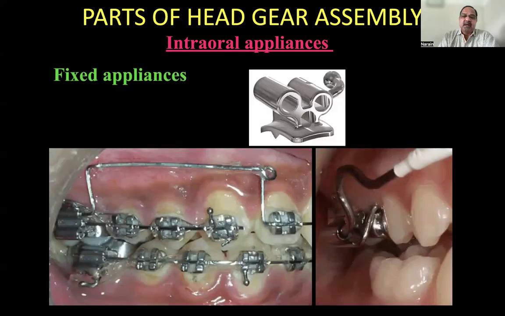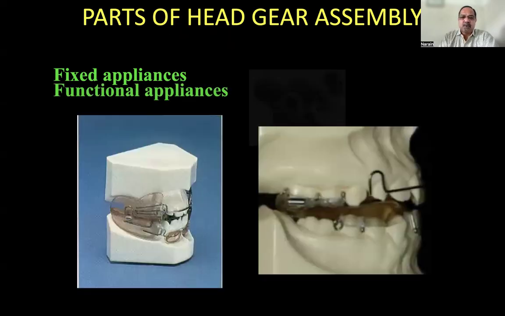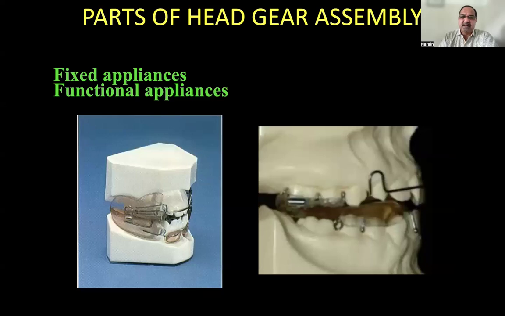Coming to the parts of the headgear assembly, you have the intraoral appliance and the extraoral appliance. The intraoral appliance could be a fixed appliance where you have a headgear tube into which the outer bow of the headgear inserts, or you can even have headgears fixed onto functional appliances.